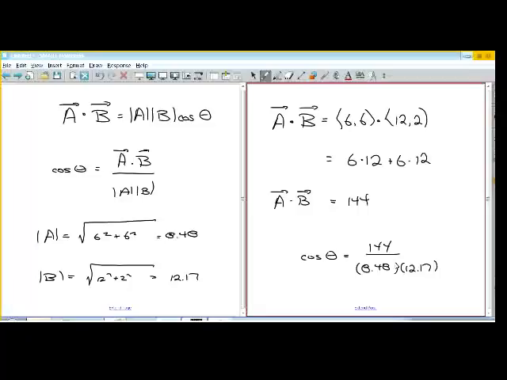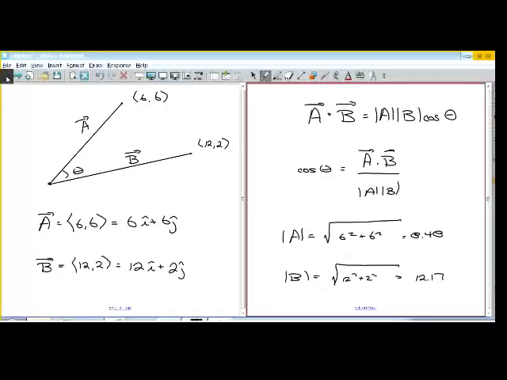So it says that the cosine of the angle between the two vectors is 144 divided by 8.48 times 12.17. So 144 divided by 8.48 divided by 12.17 is... okay, something's wrong. I'm getting a number greater than 1, so obviously something is wrong.